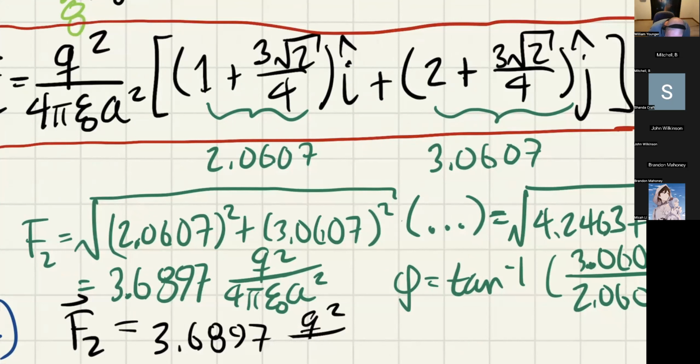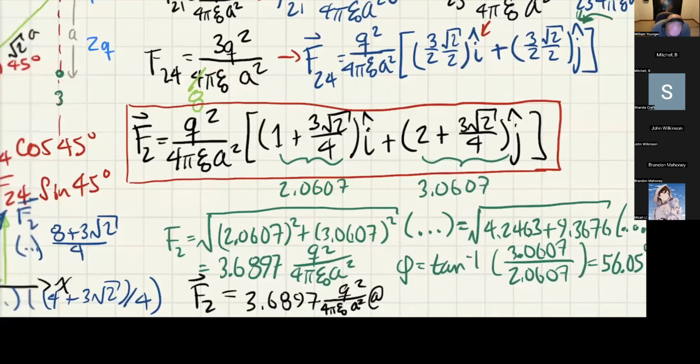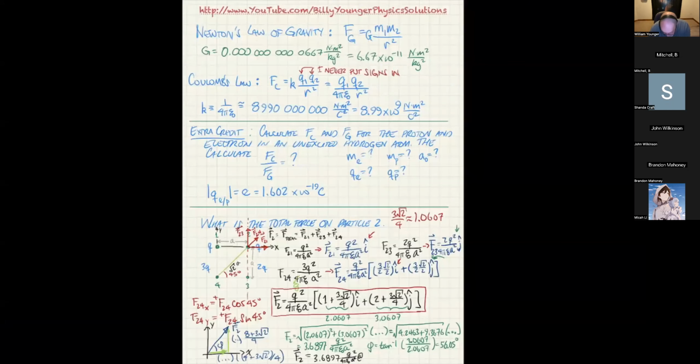Okay, so times 4 pi epsilon 0 a squared. And that's going to be at the angle. Notice that angle is measured counterclockwise from the positive x-axis, so it's in our standard position. So I'm going to say that's at 56.05 degrees. And that's another answer.